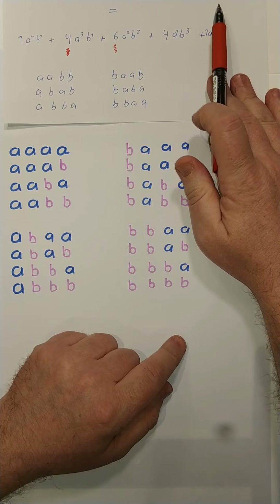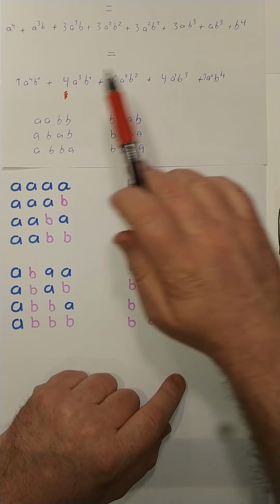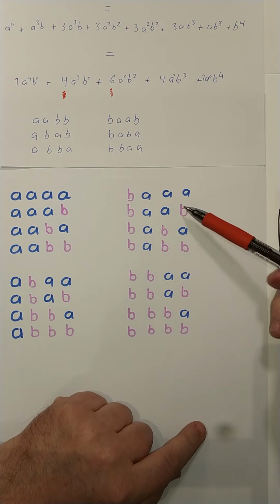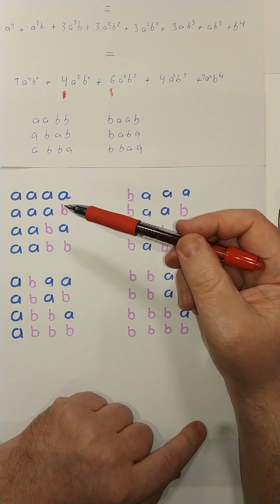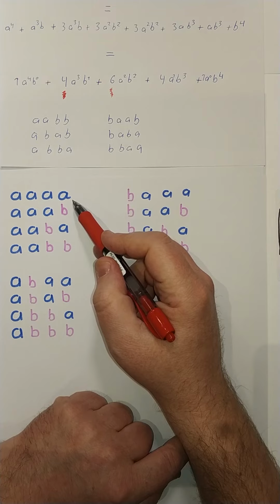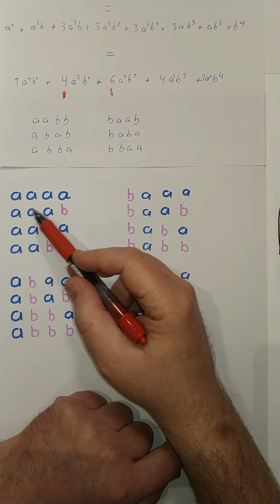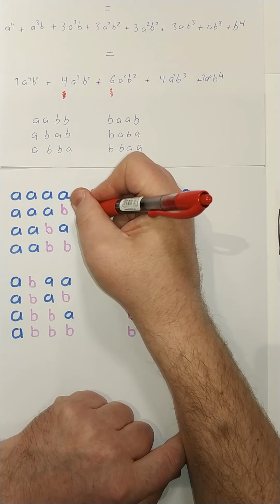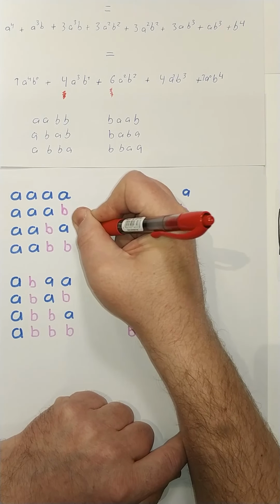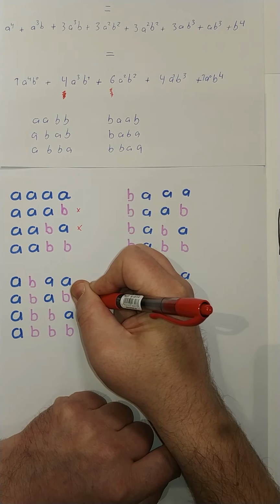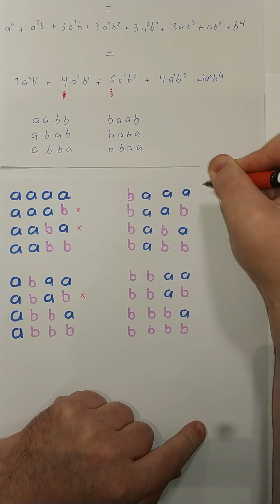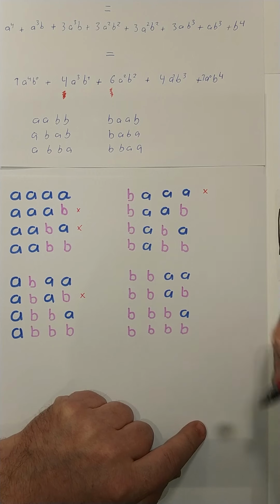And if we look at the coefficients, we'll see that they match. So there's only one of these 16 that gives you 4 a's. It's this one. But there are 4 of them that will give you 3 a's and a b. It's this one, this one, this one, and this one.